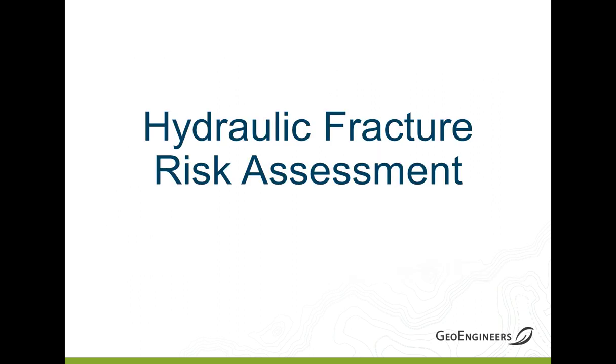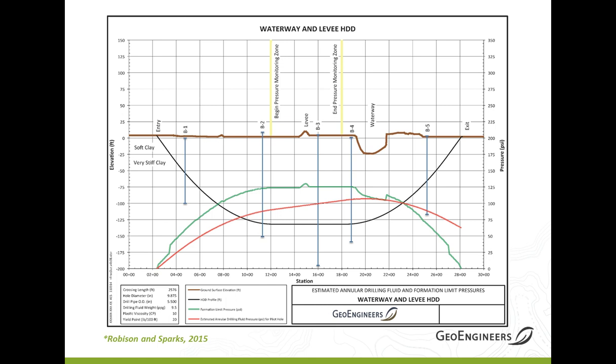Okay, so let's look at hydraulic fracture. This is sort of a made-up scenario that Drew Sparks and I put together in 2015. But the soil types and the design are pretty typical of levee design you might see in the South somewhere, Louisiana or Texas.